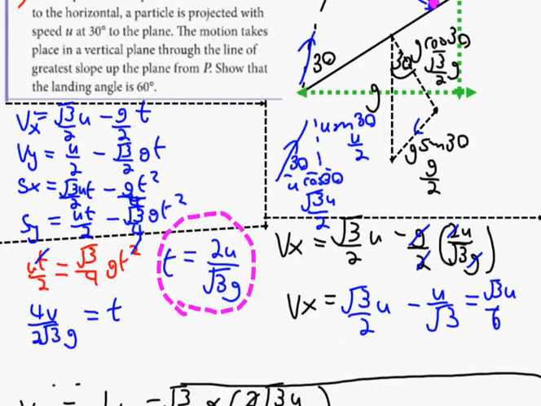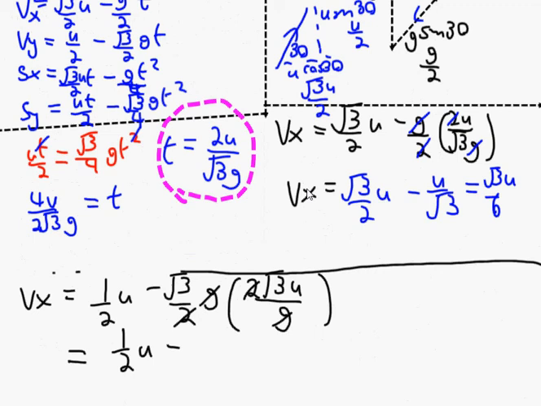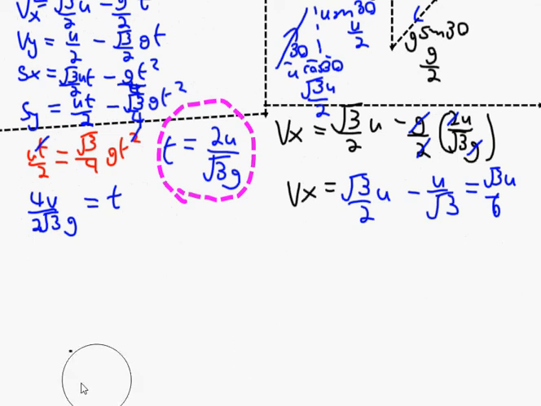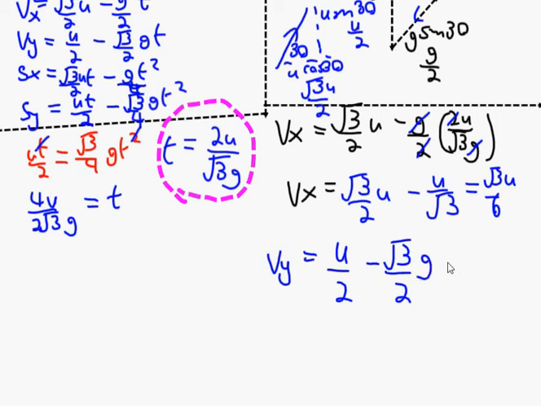Next thing we're going to do is find phi y, guys. So phi y, it's the same thing. So phi y is going to be u over 2 minus root 3 over 2 g times t, which is 2u over root 3 g.